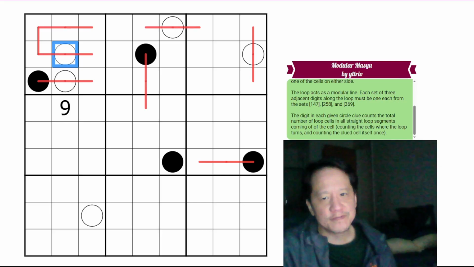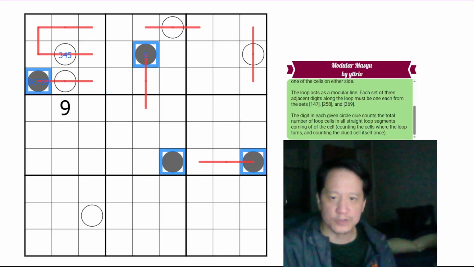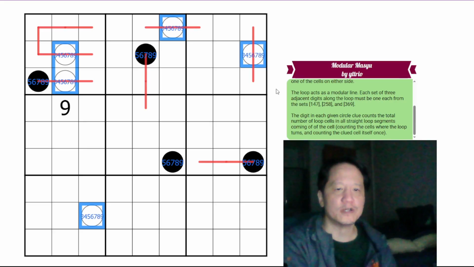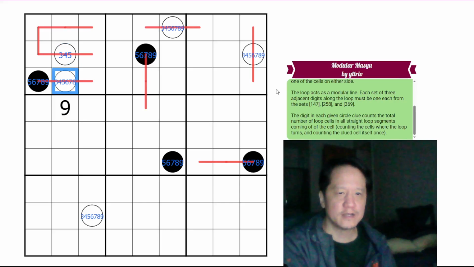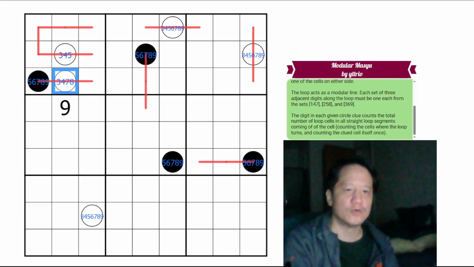This is 3, 4, or 5. This is 5 through 9. All the dark circles are 5 through 9. All the light ones can be 3 through whatever. But this can only go to 5. 3, 4, 5. This can't have a 9. And it can only see 1, 2, 3, 4. So this is 3 or 4.